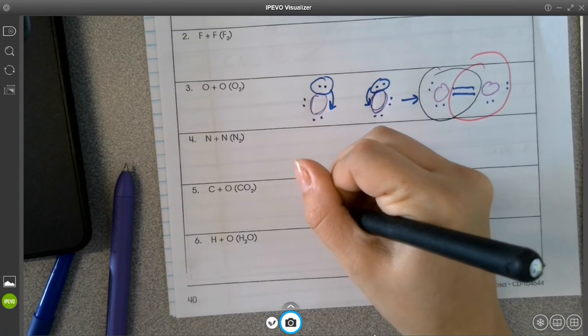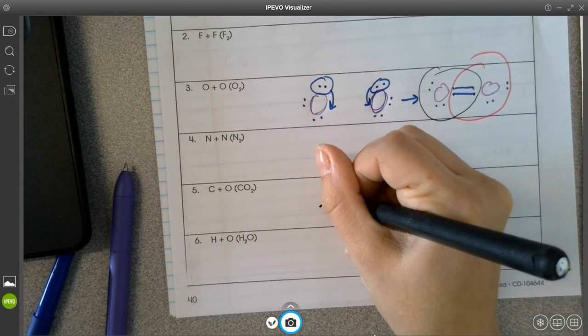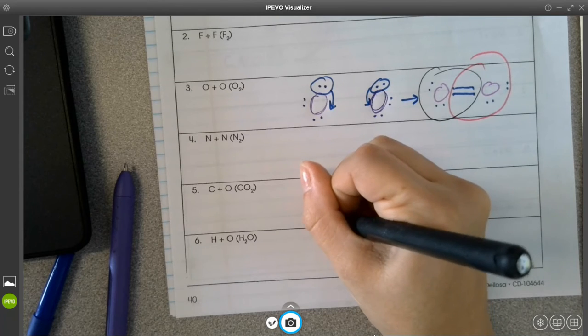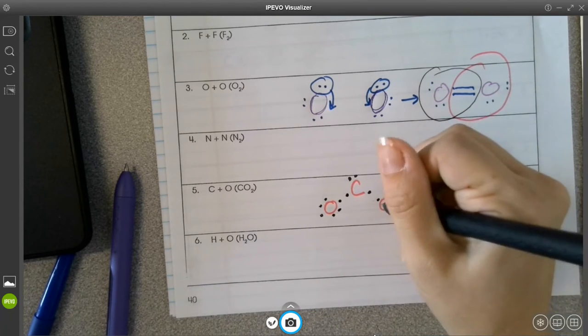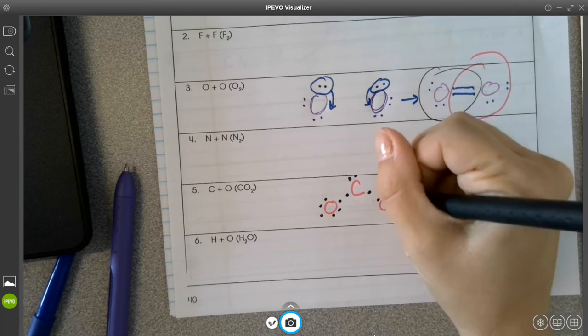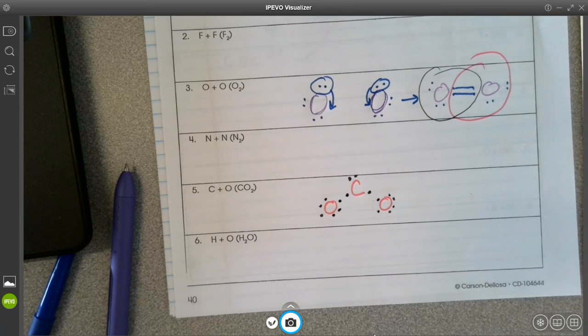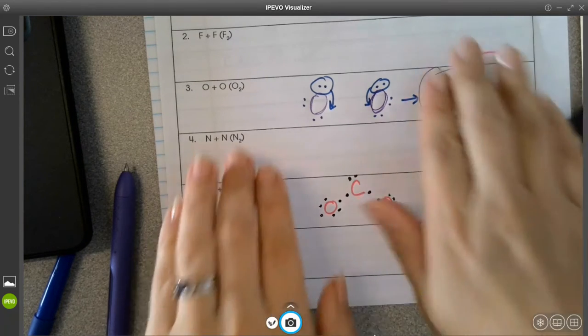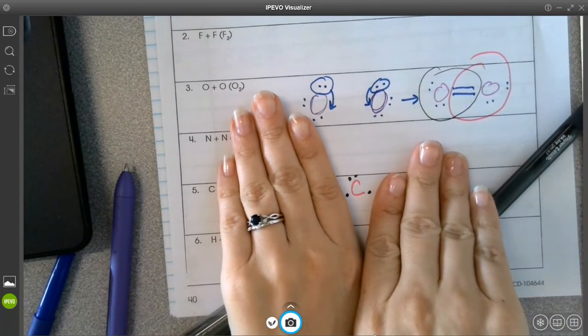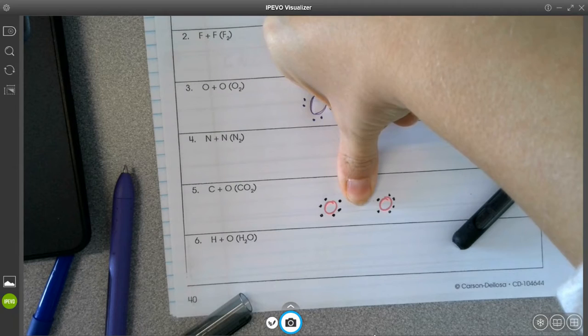So 1, 2, 3, 4, 5. Let's just put it right here. 6. 1, 2, 3, 4, 5, and 6. So looking here, I have 4 around carbon, and each oxygen has 6.